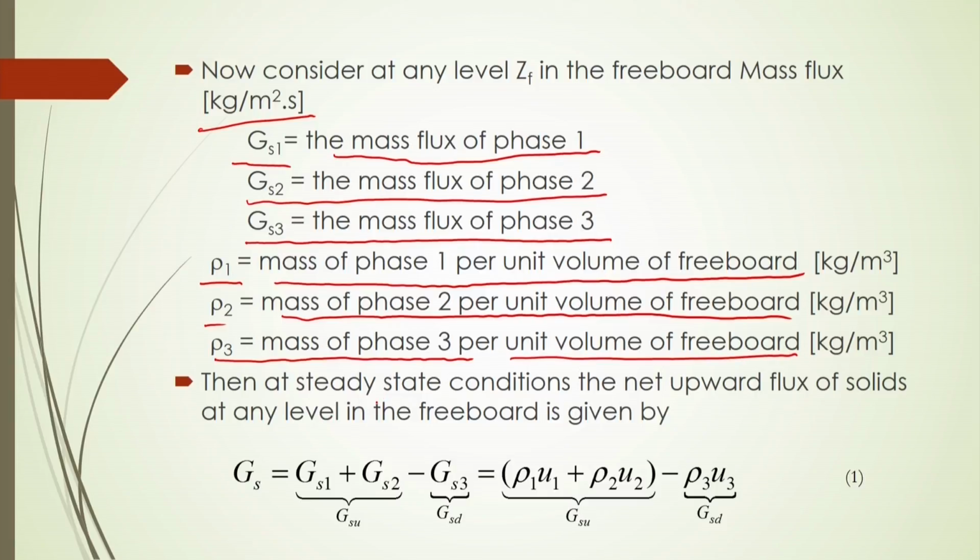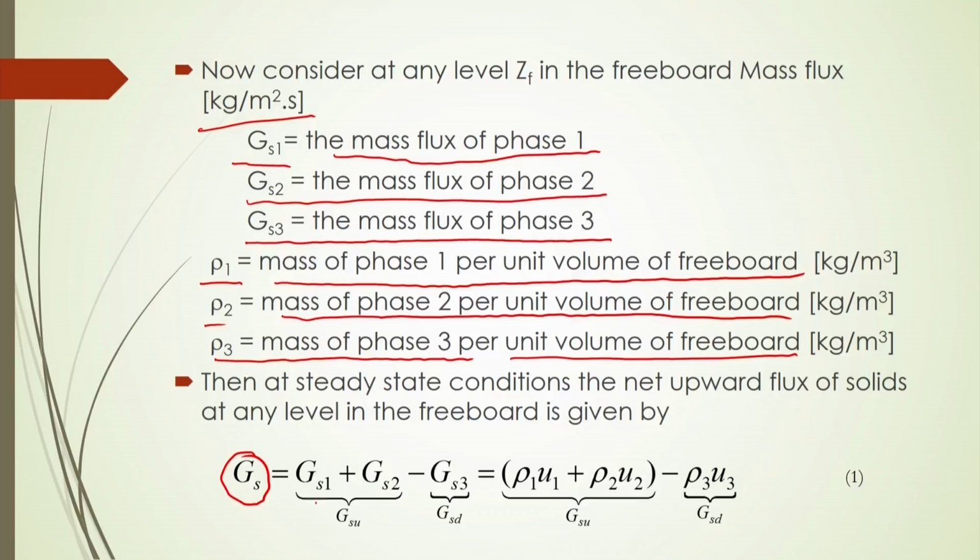Then at steady state conditions, the net upward flux of the solids at any level in the freeboard of this fluidized bed can be expressed as Gs, the net upward flux of the solids at the level Z.